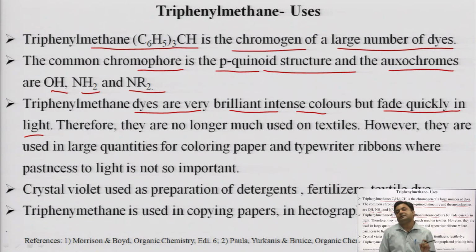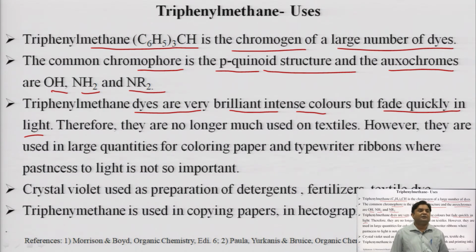So, this is a very important point. When we need color for a long time, we should avoid using triphenyl methane dyes, because they fade with time. But if we need color for a short time, then we can use triphenyl methane dyes frequently.